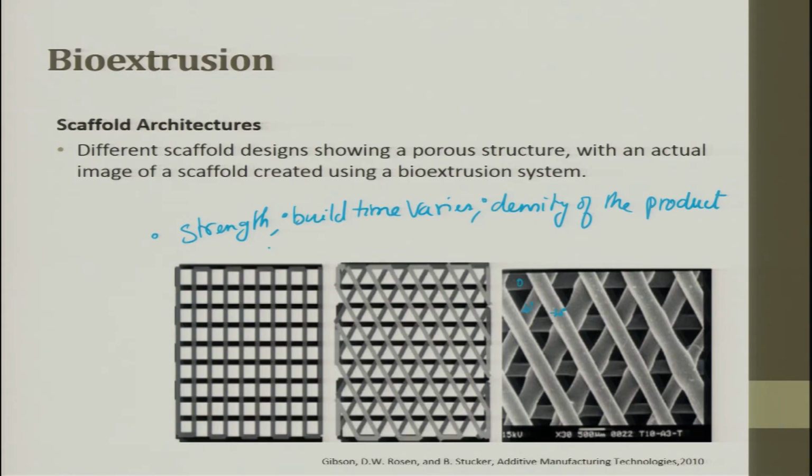Okay, and when you have these structures, the heat shrinkage is controlled. So, these are very important factors when we start working on these porous structures, and when we want to make scaffolds for real time application.